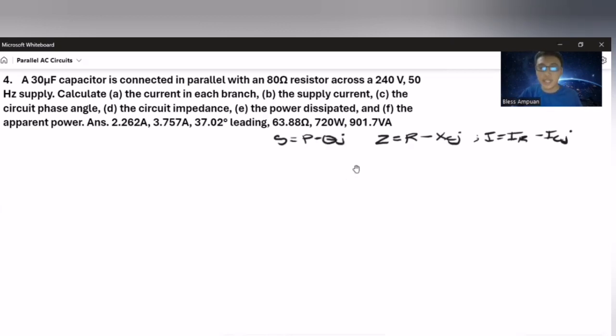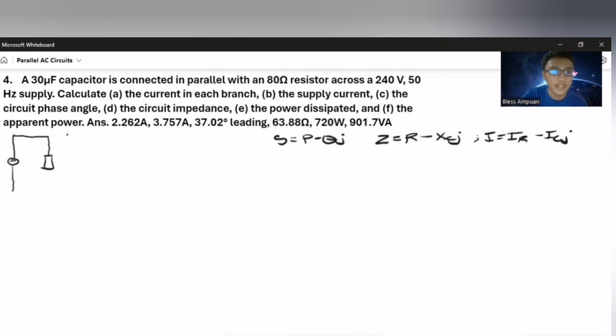Okay, so that is the rectangular form for our impedance, total current, and apparent power.